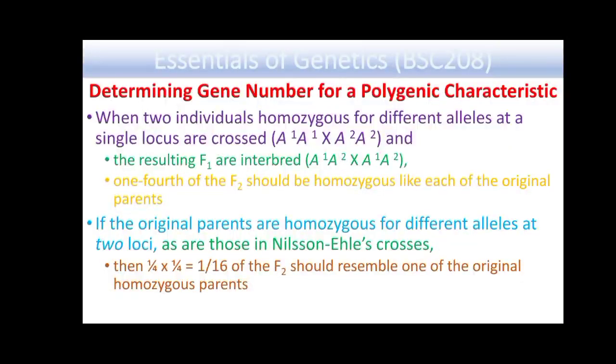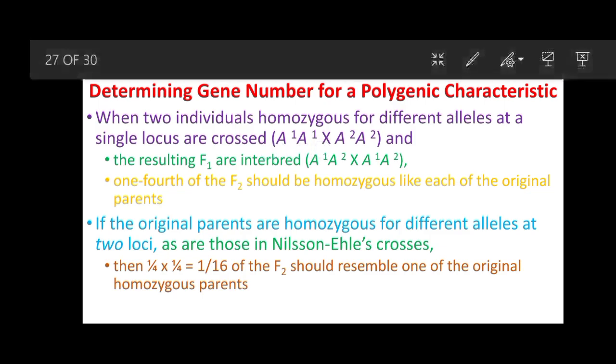So now coming to determining the number of genes for a polygenic trait. When two individuals homozygous for different alleles at a single locus are crossed, for example A1 is crossed with A2, and the resulting F1 are interbred, heterozygotes are produced.